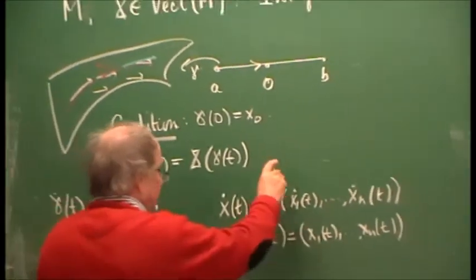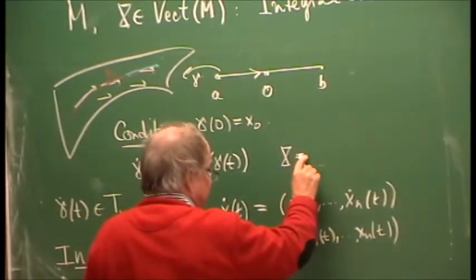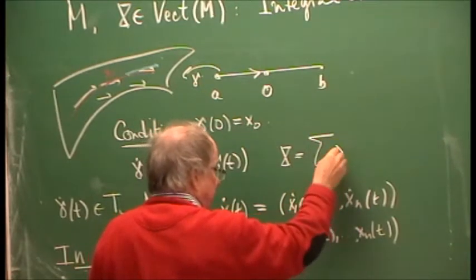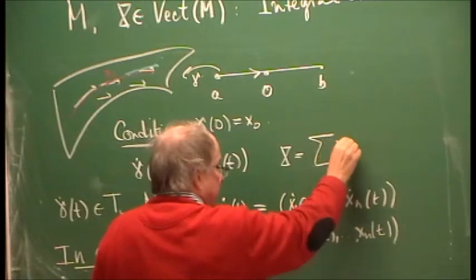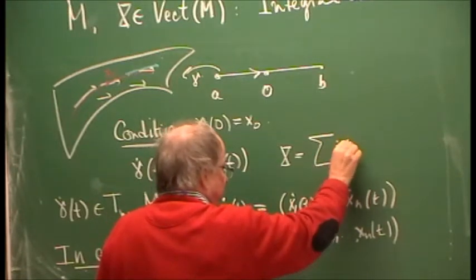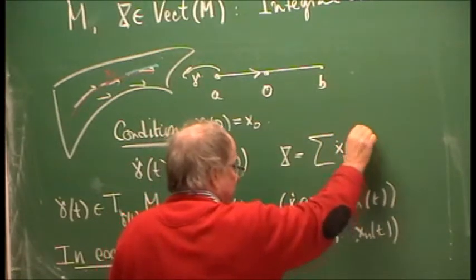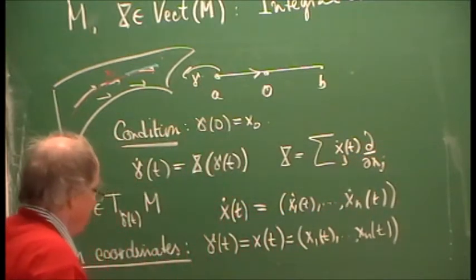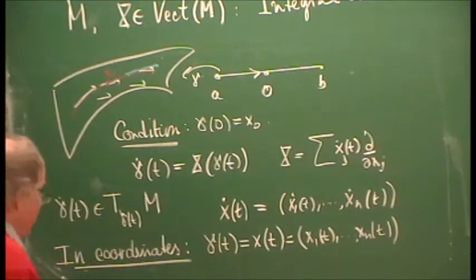Okay, and it means that the vector field x, in this case, in coordinates, has to be these velocity vectors are the coefficients. This is the vector field coefficients, dx, dj. This is the condition of the curve.